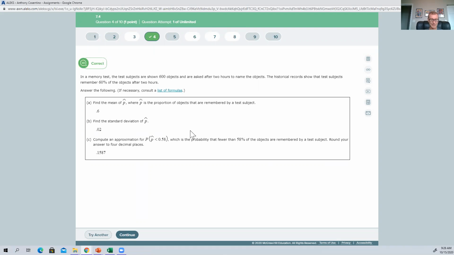So 600 times 0.4 is 240. So we're definitely in there. So with regards to this calculation, I want you to calculate the mean, which is 0.6, the standard deviation, and then compute the probability of the mean being less than 0.58.